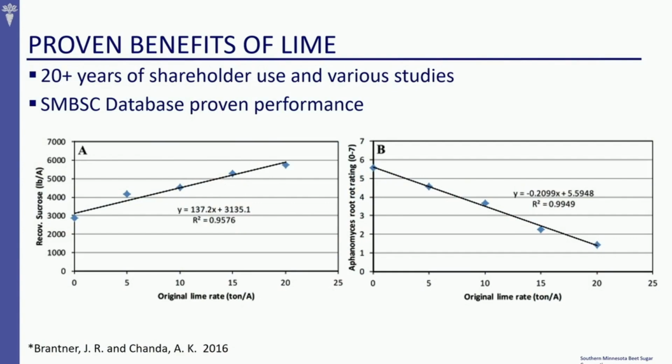In 2016, Dr. Chanda and Jason Brandner went through this study, and this was following up a long-term lime study where they applied all the way up to 20 tons per acre.